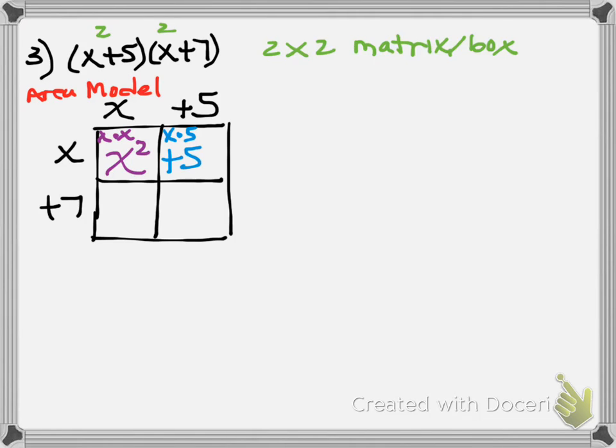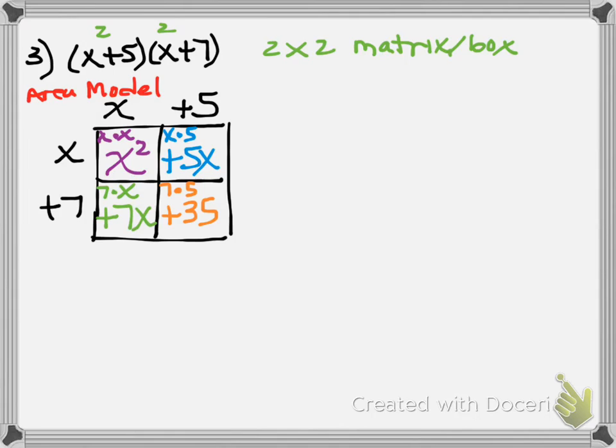Now I'm going to put the sign with it, so plus 5x. Okay, and then this box down here has dimensions of 7 and an x. So when I multiply them, I get positive 7x. And then the last box has dimensions of a 7 times a 5, which gives me positive 35.